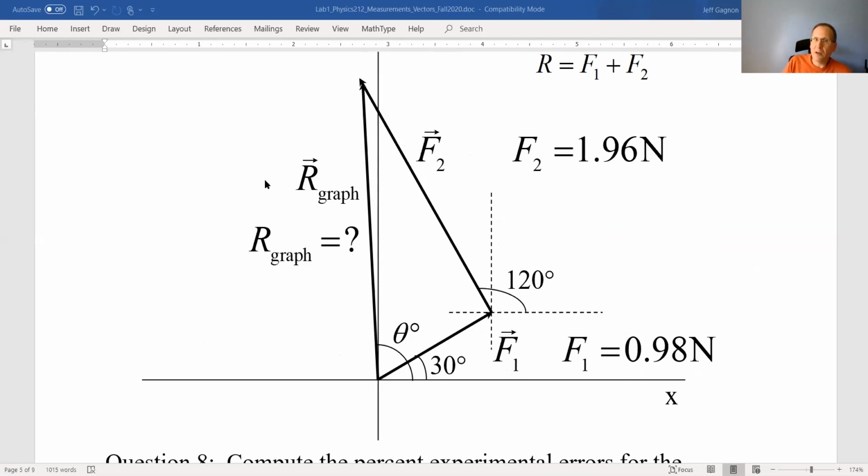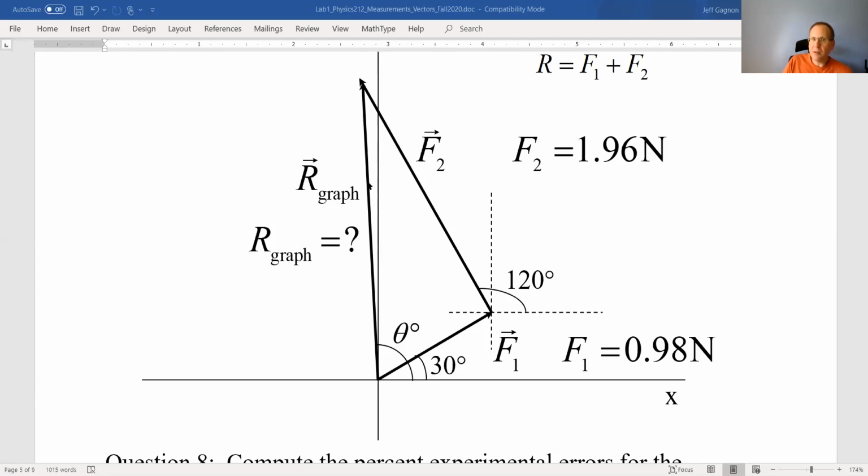Then to get your resultant vector, I'm calling it R graph because it's the graphical method. Remember, to get that, you just draw a vector from the origin, so from the tail of F1, to the tip of F2. So that would be that vector right there. Now, how do I get its magnitude? Well, you would measure it with a ruler, in centimeters.